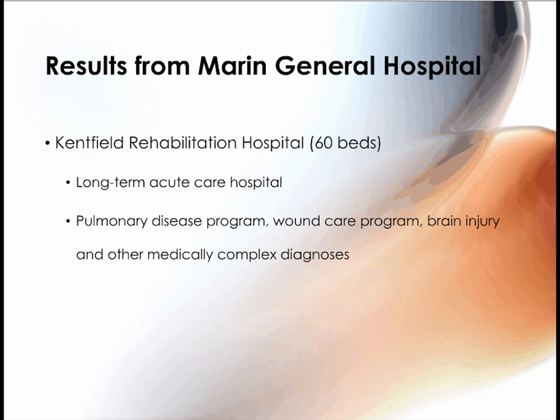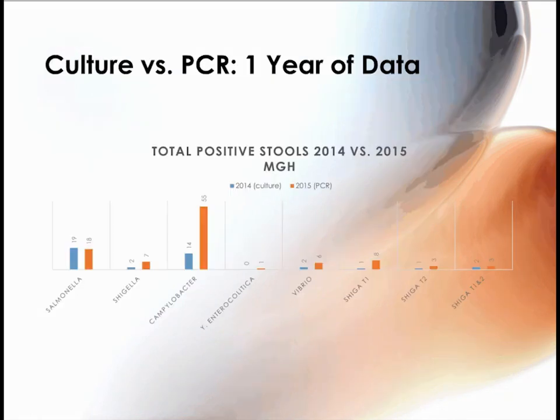The interesting thing, in the next slide, you can see on the graph that when we moved from a culture method to a molecular method, Campylobacter was the one that had almost 4 times the amount of isolates that we detected the previous year by culture. Shigella also increased. We detected the first and only Yersinia enterocolitica. Vibrio also increased a little bit, but the most interesting data came from the Shiga toxin.